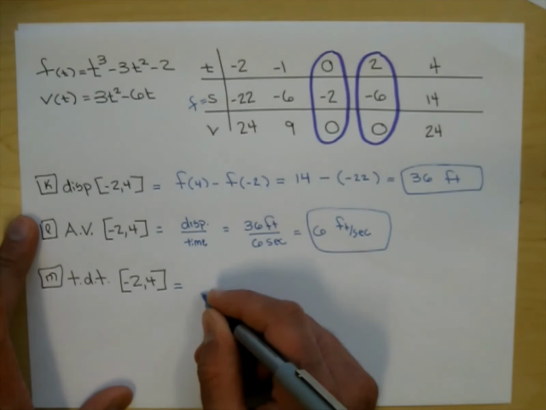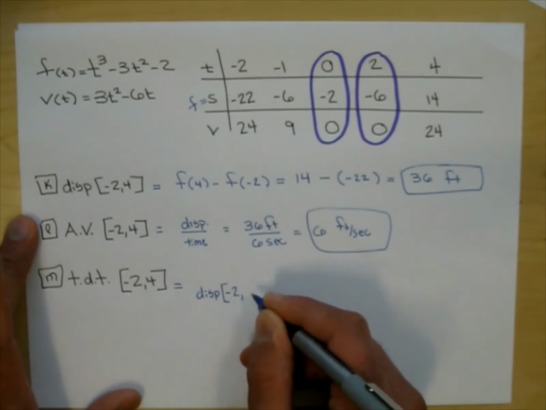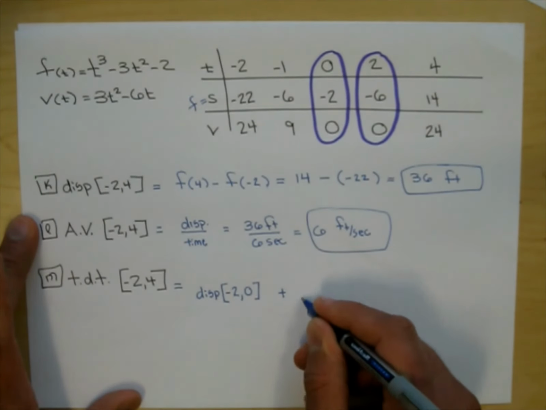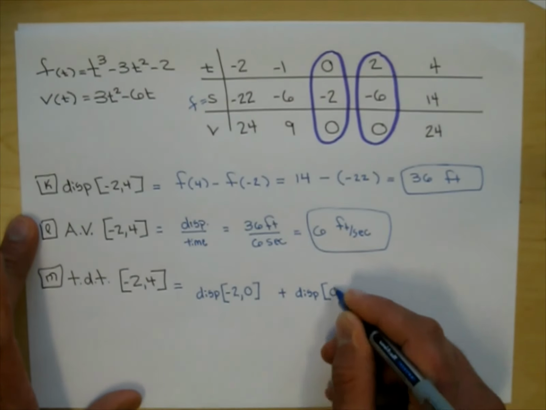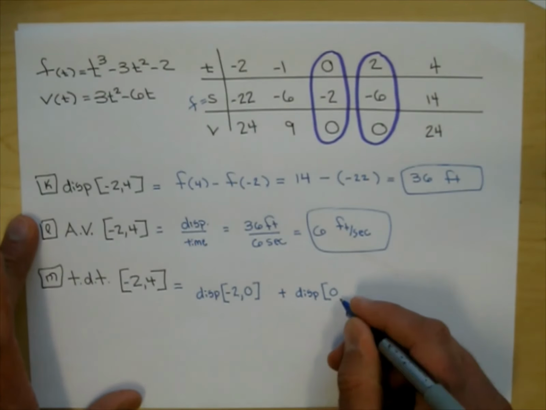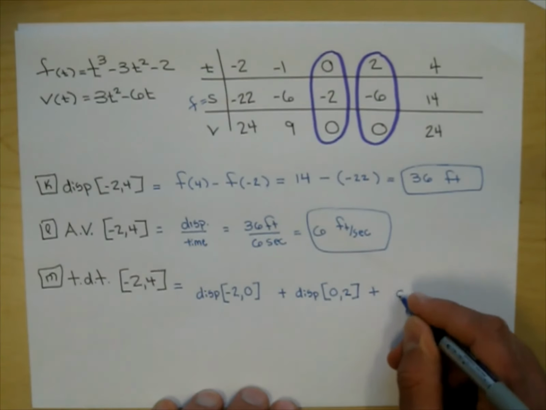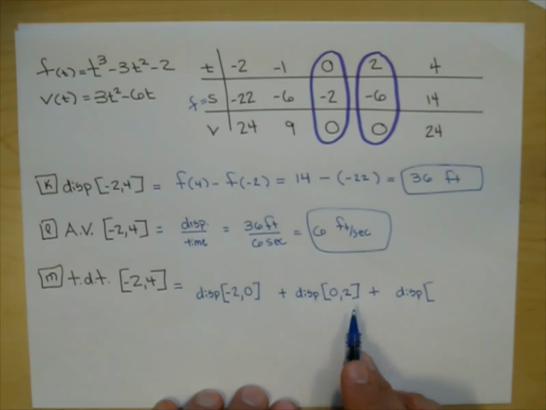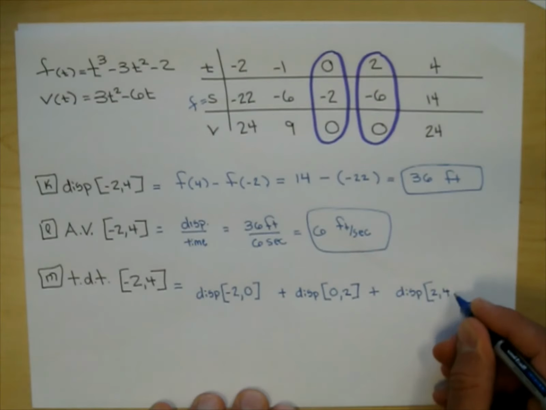So what you would do is you would say total distance traveled is the displacement from -2 to the first rest time in that time interval. Then we have displacement from that rest time, so from 0 to the next rest time, which is 2, plus the displacement from this rest time of 2 to the end time of your interval here, which is 4.